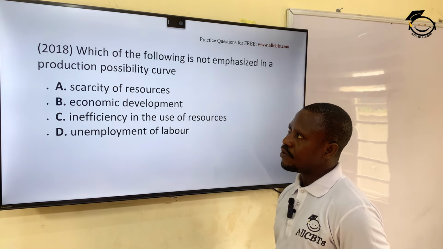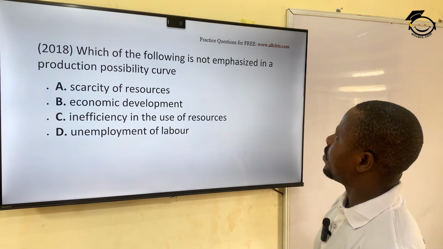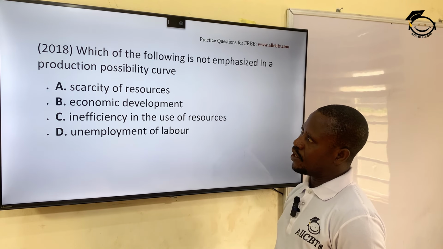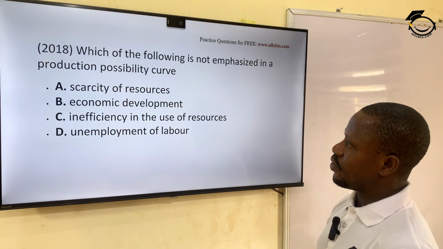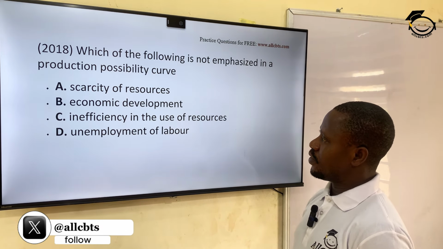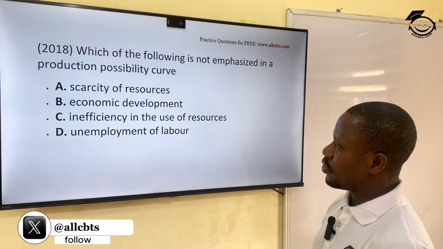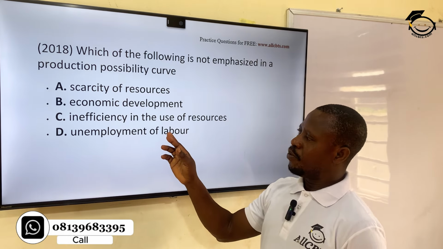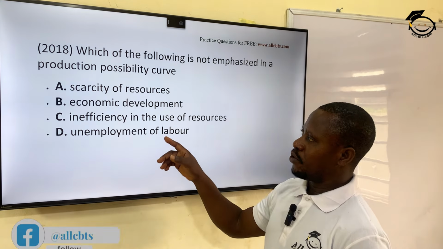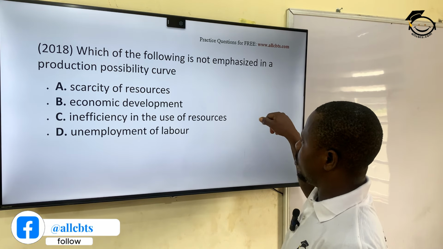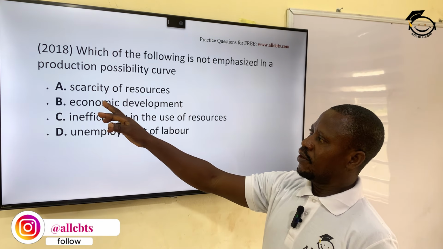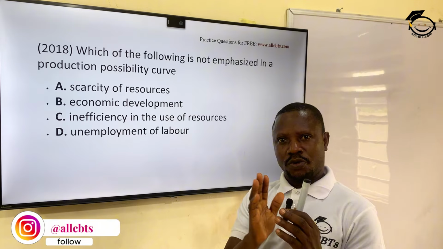Okay? Which of the following is not emphasized in a production possibility curve? We just did a little analysis about PPC. Now, scarcity of resources, yes. Economic development, inefficiency in the use of resources, unemployment of labor. This, when labor are not fully engaged, they become underutilized. All right? So if you notice, when I was explaining that curve I drew, in about 2 or 3 questions we answered, I said, what we experience in PPC is growth.